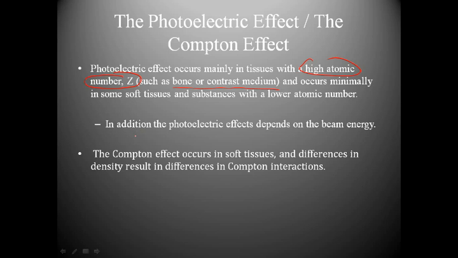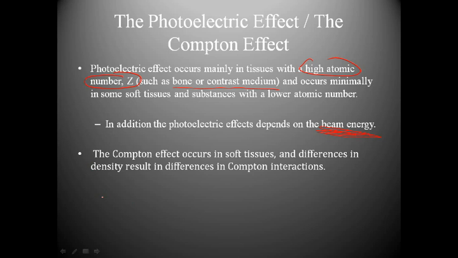It's going to occur in bone and some of your contrast mediums. In addition, the photoelectric effect depends only on the beam energy, pretty much. The Compton effect occurs in soft tissues. Differences in density result in differences in the Compton interactions.